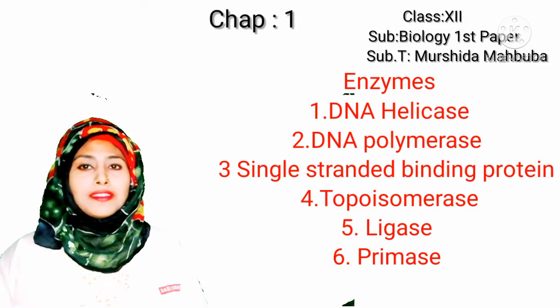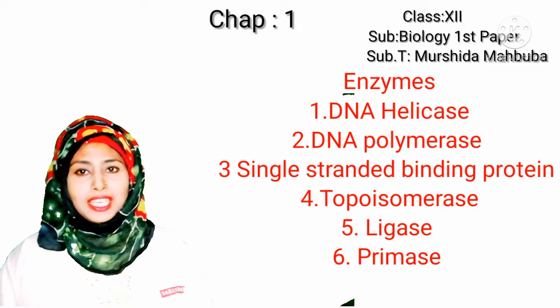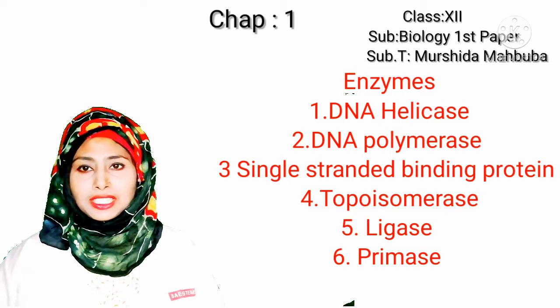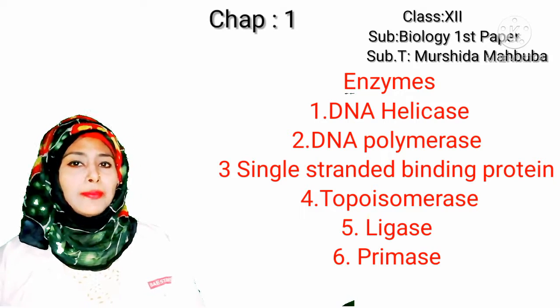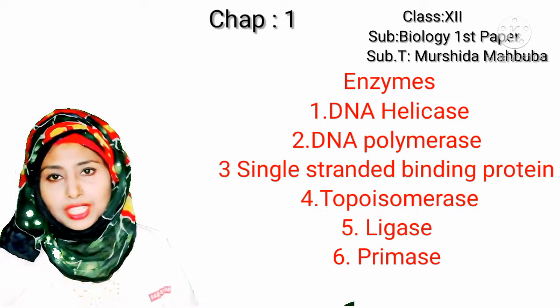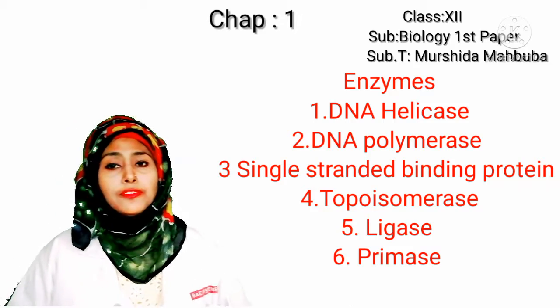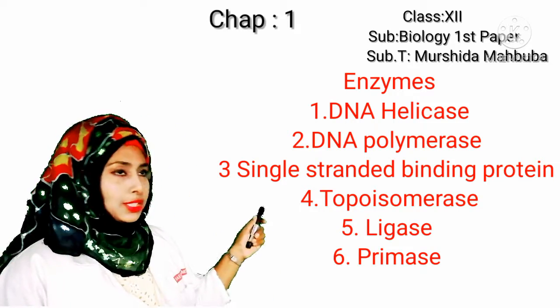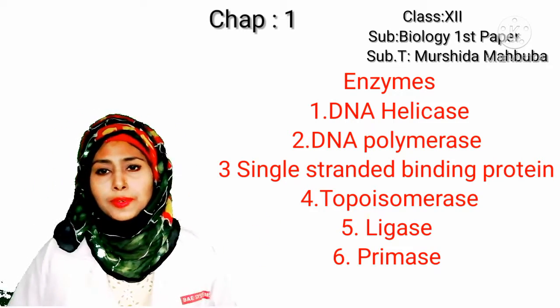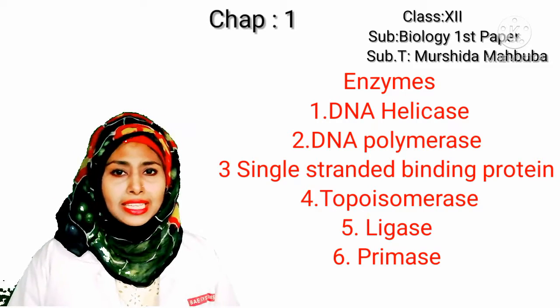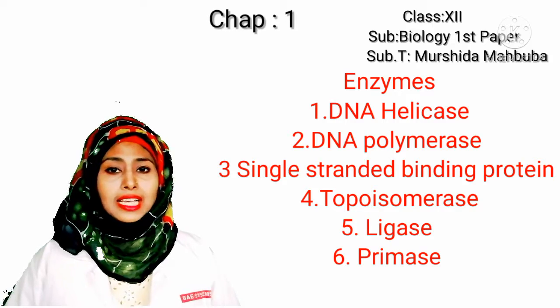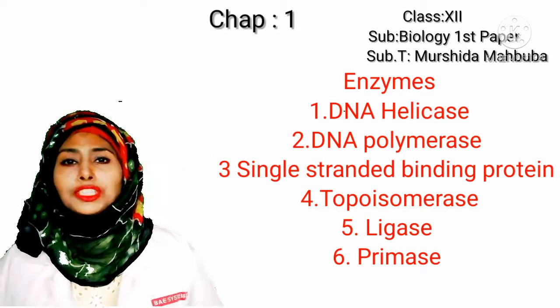Polymerase builds a new DNA strand by adding nucleotides in the 5' to 3' direction. It also performs proofreading. Then single-stranded binding protein. This protein prevents the DNA double helix from re-annealing after helicase unwinds it.